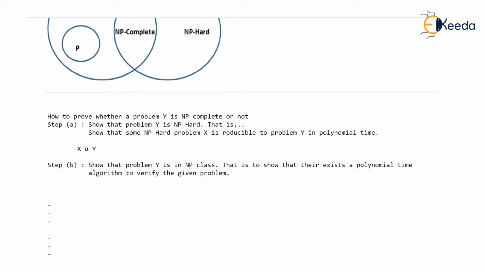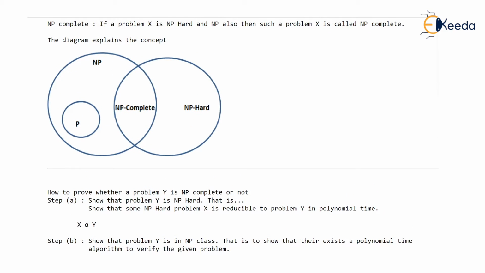This is such an important point because after proving that Y is NP hard, that means Y belongs to this NP hard set. You also should show that Y belongs to NP, isn't it? Only then Y will be in the intersection of the both. But how do you prove that Y is in NP?